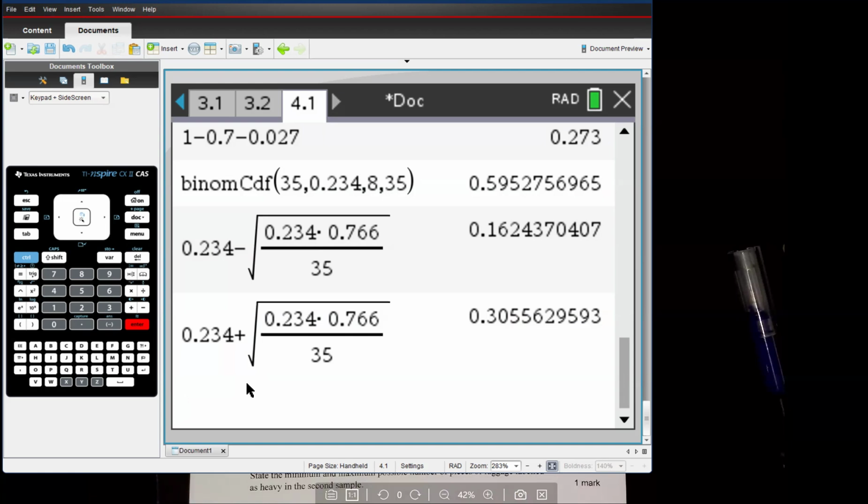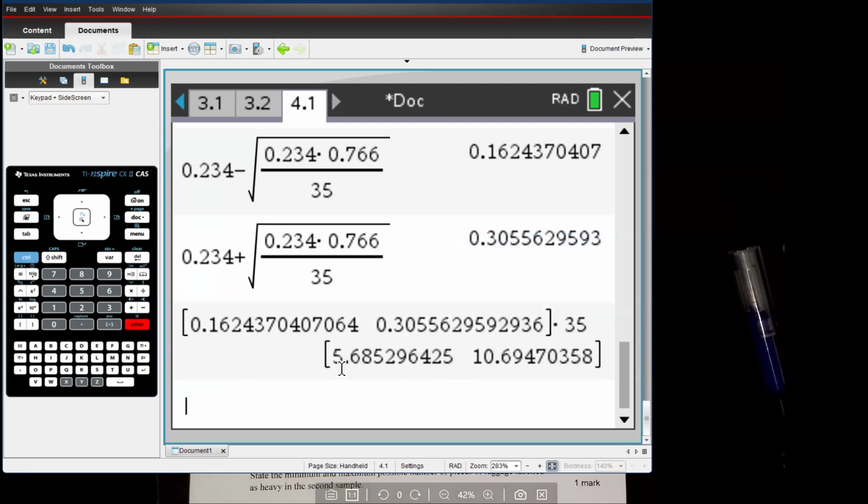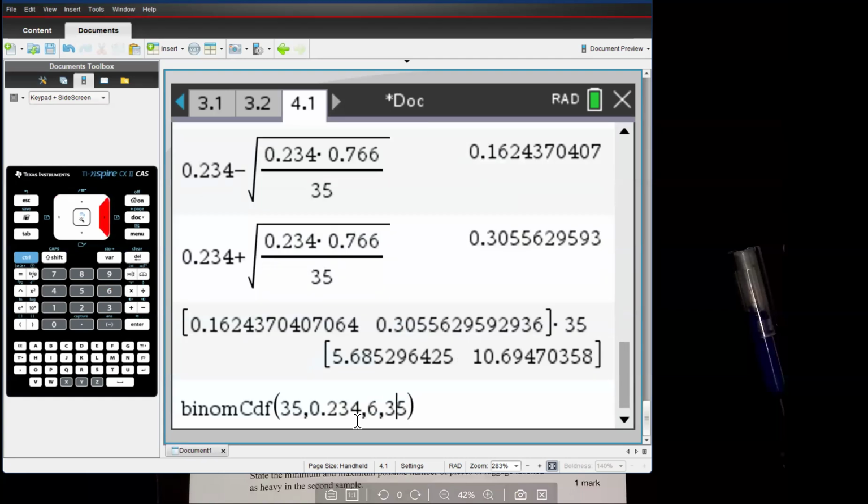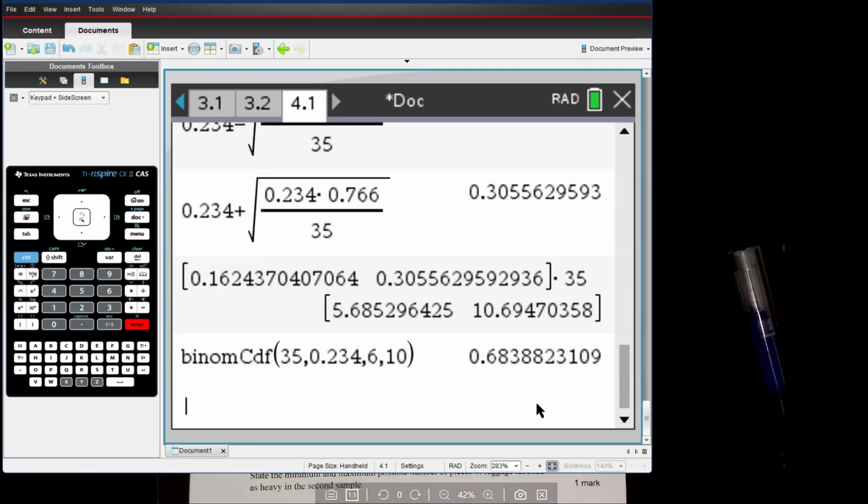Subtracting 1 standard deviation, add 1 standard deviation, and then I will multiply both values by 35. Once I multiply the p hat values by 35, I'm converting them into the Y value, which now should only take whole numbers. So it's going from 6 to 10. So we are calculating binomial CDF from 6 to 10. And I should be able to get 0.684, okay? Correct to 3 decimal places.